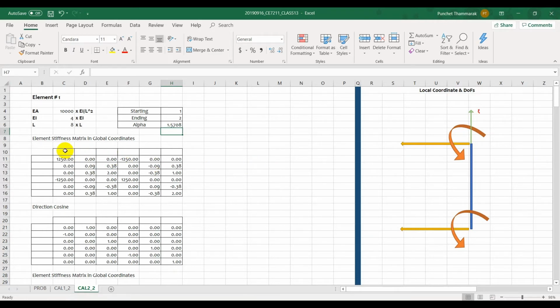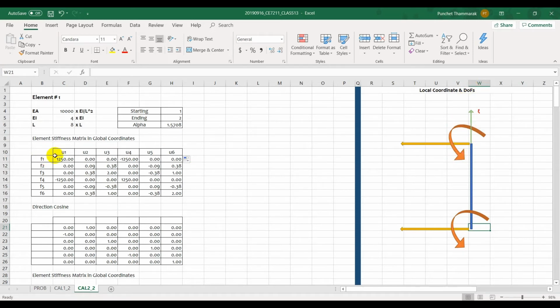Okay, then now you look at the element stiffness matrix. The element stiffness matrix includes everything from the axial deformation along the x, which is U1 F1. This is for U2 F2, U3 F3, U4 F4, U5 F5, and U6 F6.